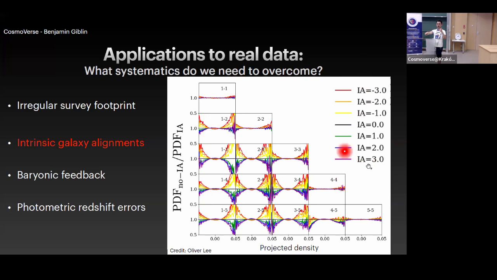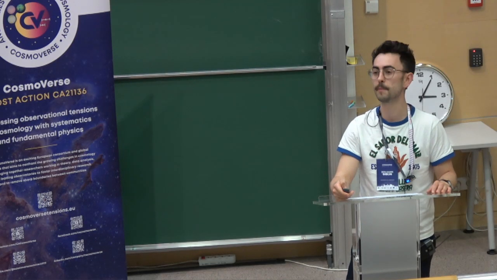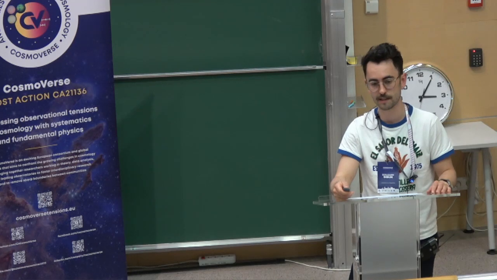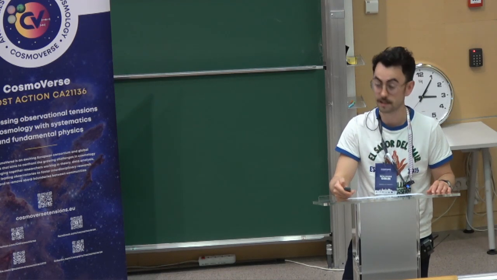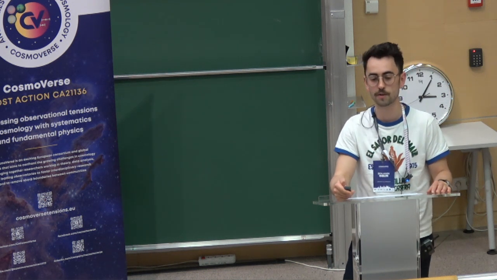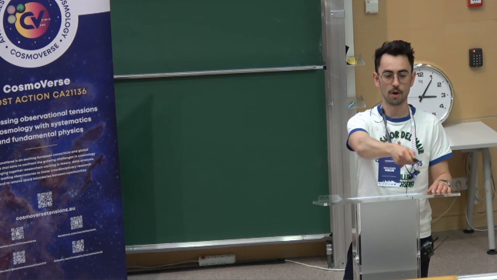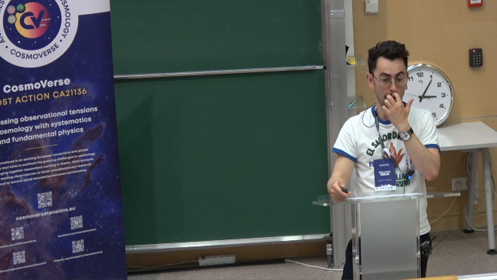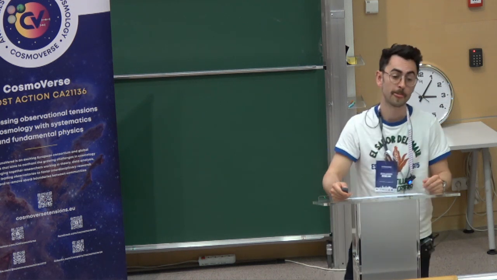And you can see it affects certain redshift bins much more than others. And we have some preliminary results that suggest that this doesn't bias the lensing PDF constraints so much, but we're still stress testing those, looking into the robustness, but we think we've got a good handle on the intrinsic alignment systematic and its effect on the statistic at the moment.